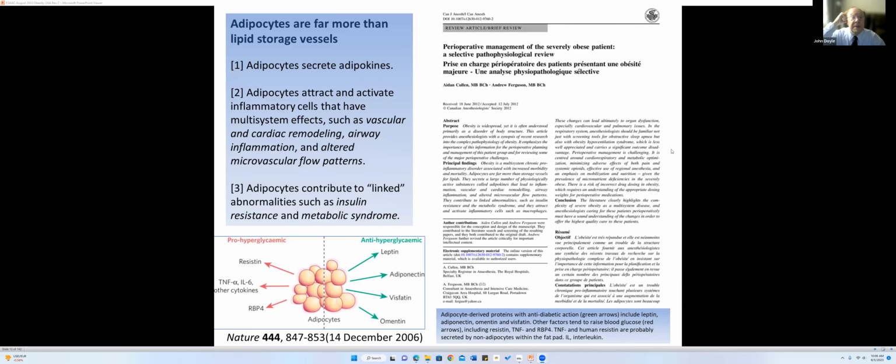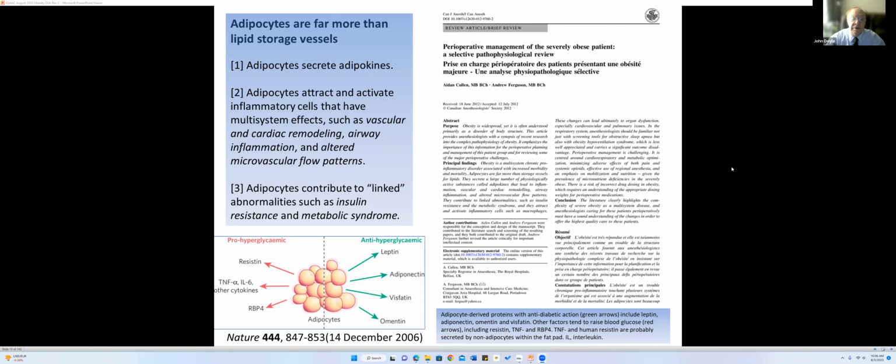What's interesting about obesity is that adipocytes are far more than lipid storage vessels. People think, well, they just store fat. Well, not really, because they secrete metabolically active components, adipokines, and they attract and activate inflammatory cells, which have multisystem effects: vascular and cardiac remodeling, airway inflammation, and altered microvascular flow patterns.